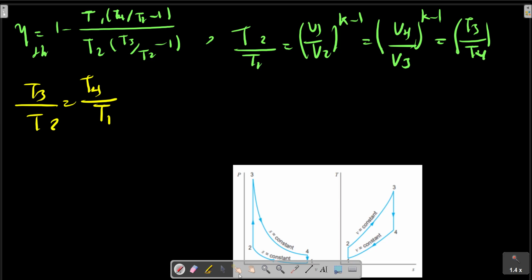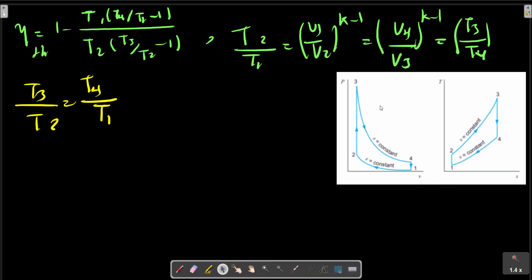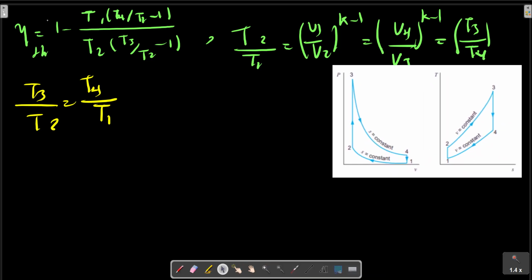Consider this picture again for the temperature. Realize T4 on T3 equals T2 on T1. And eta thermal also can be written as this.